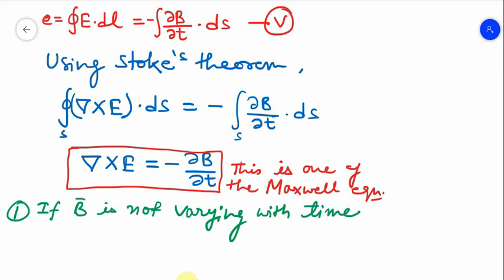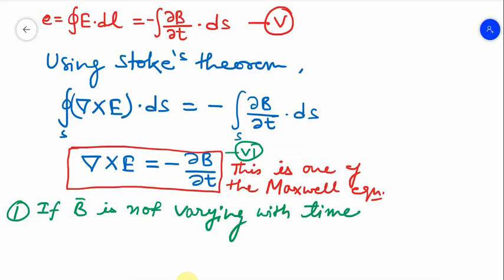Then from the previous equations, this was your sixth equation, so from equation 5 and 6, what will happen? This del B upon del t is 0 because it is not varying with time, it is constant. Differentiation of a constant is 0.